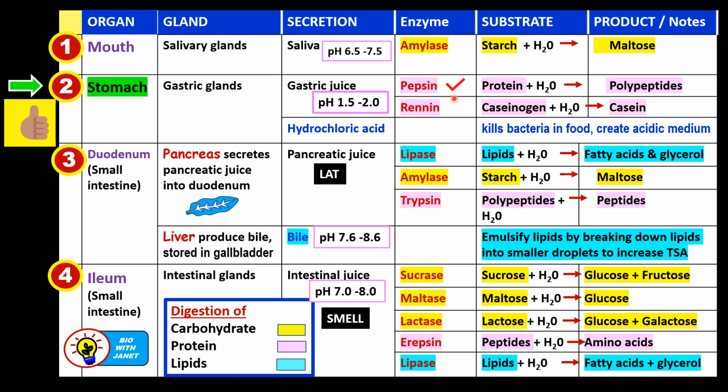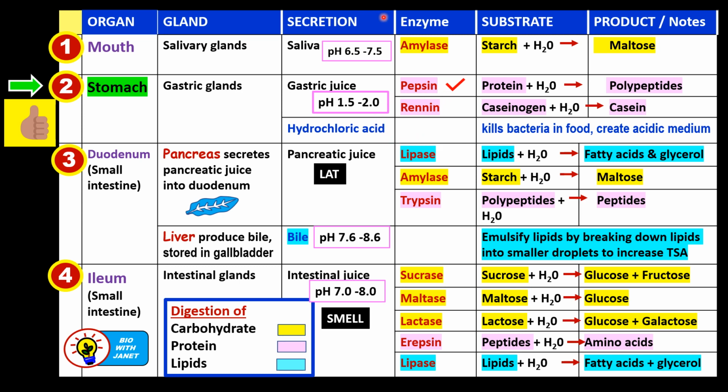But if you're asked to write one word equation or describe one reaction that occurs in the stomach involving enzymes and hydrolysis, please state pepsin, not renin, okay? Pepsin is your first choice because it's in the textbook and it is the main enzyme there, okay?